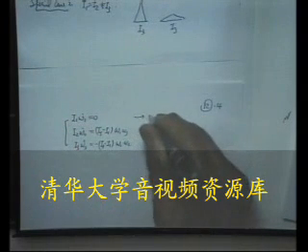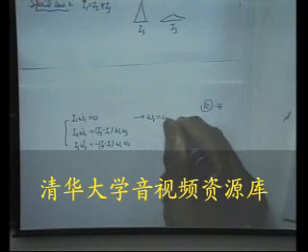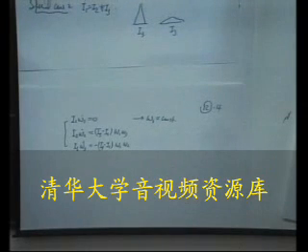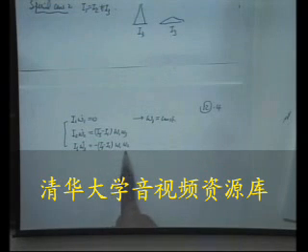Out of this you get omega 1 is equal to a constant. So this omega 1 is a constant.